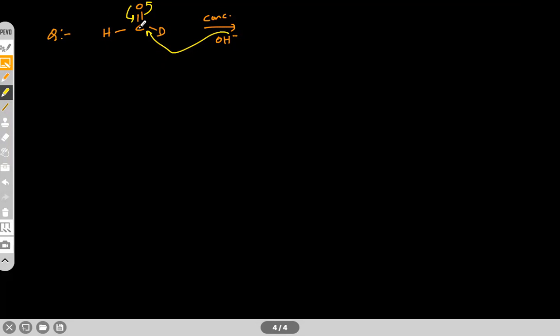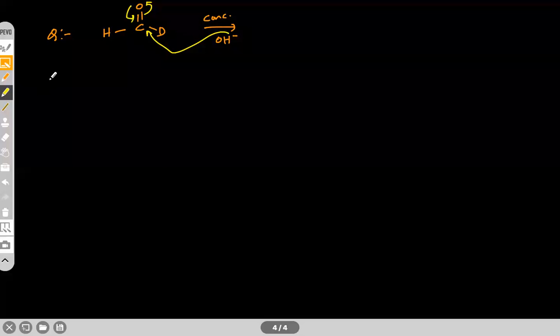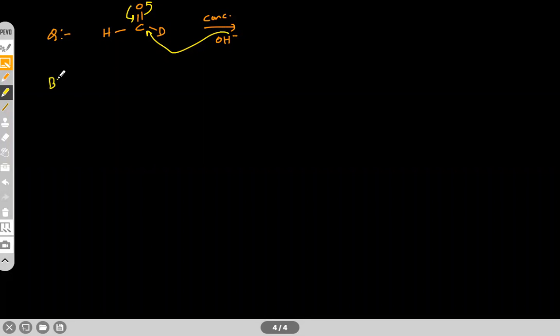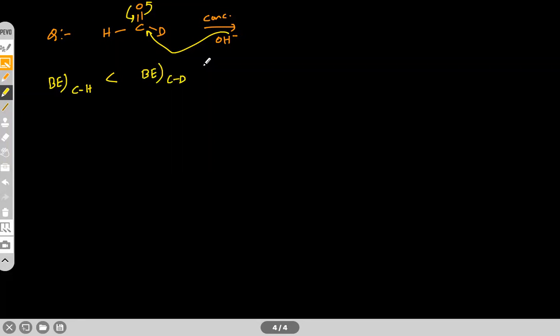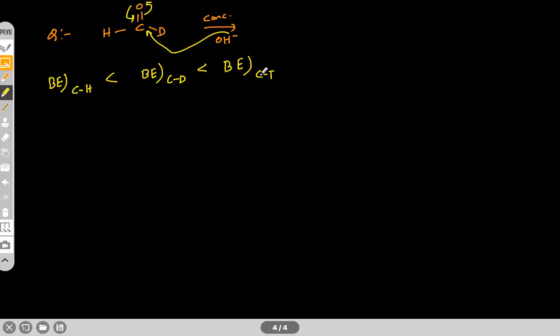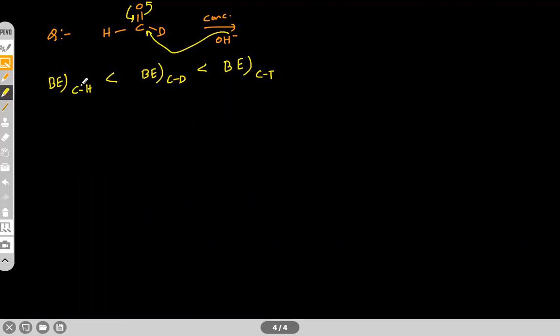That depends upon the bond energy of the two bonds. And we know the bond energy of the CH bond is lesser than the bond energy of the CD bond. That's why the CH bond is easier to break. This is the order we have. Bond length is the opposite of it.